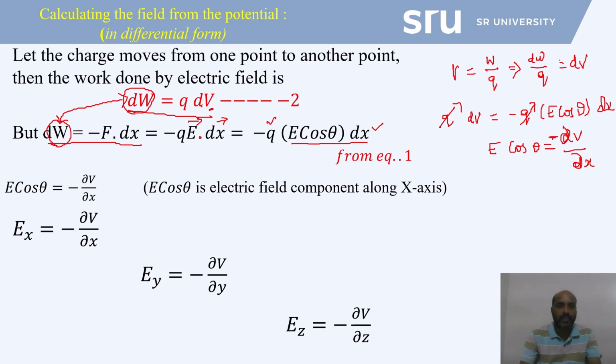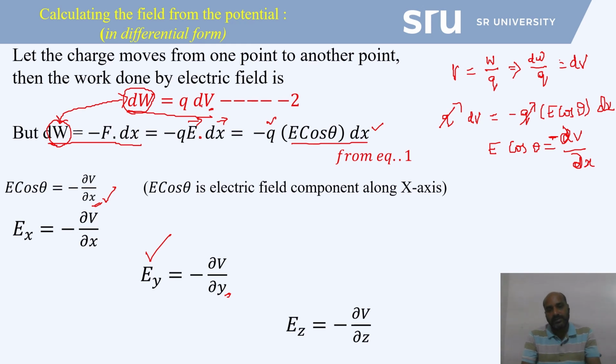If the displacement is along only the x direction, that's why we took partial differentiation, minus dou V by dou x. The displacement may be in the y direction also. So in that case, the format is the same, but we just need to change the coordinate: minus dou V by dou y.